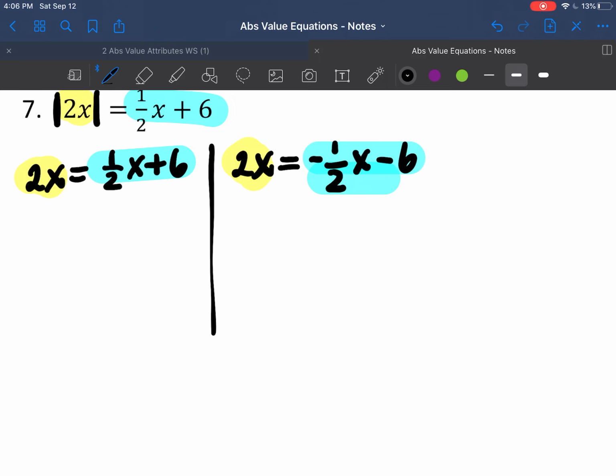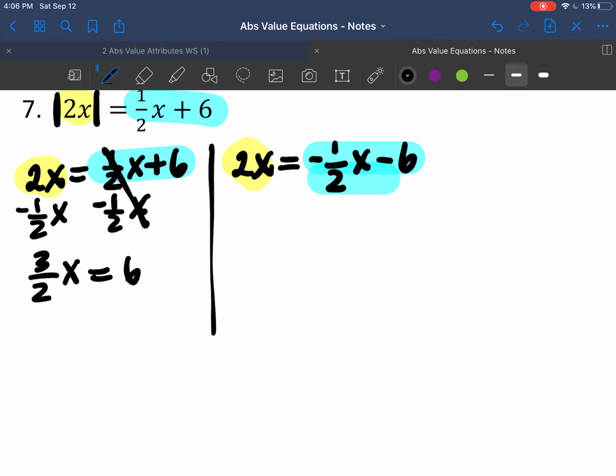So in this case, we need to solve a linear equation with x on two sides. So I always like to get the x term on one side first. So subtract 1/2 x. And so 2 minus 1/2 is 1 1/2. So 3/2 x.